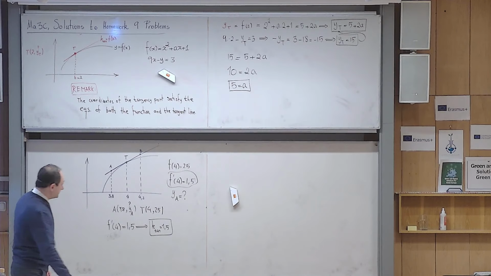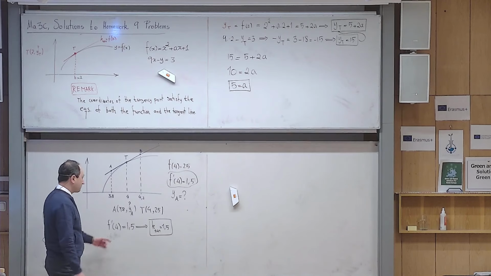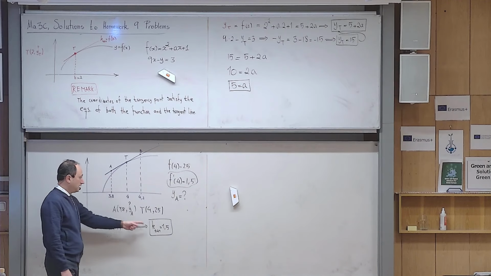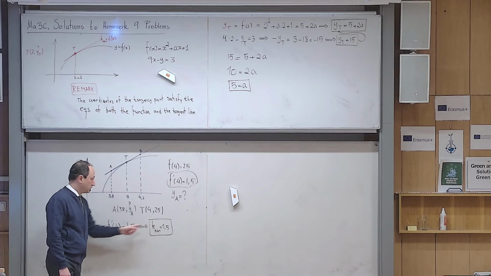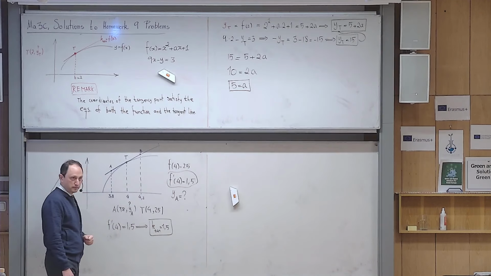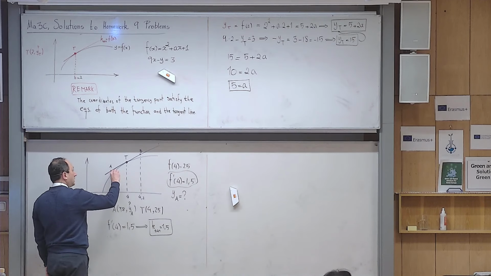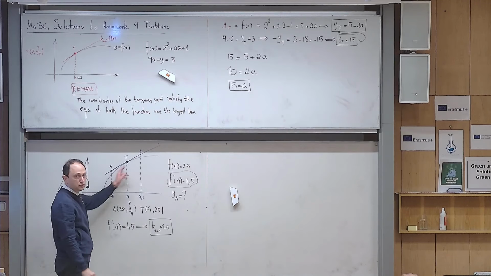So f prime of 4 is the k value of this tangent line. So k of the tangent is 1.5 according to the information given in the problem. But because these 2 points are on this line, in Ma3c we learned how to find the k value if we have 2 points.